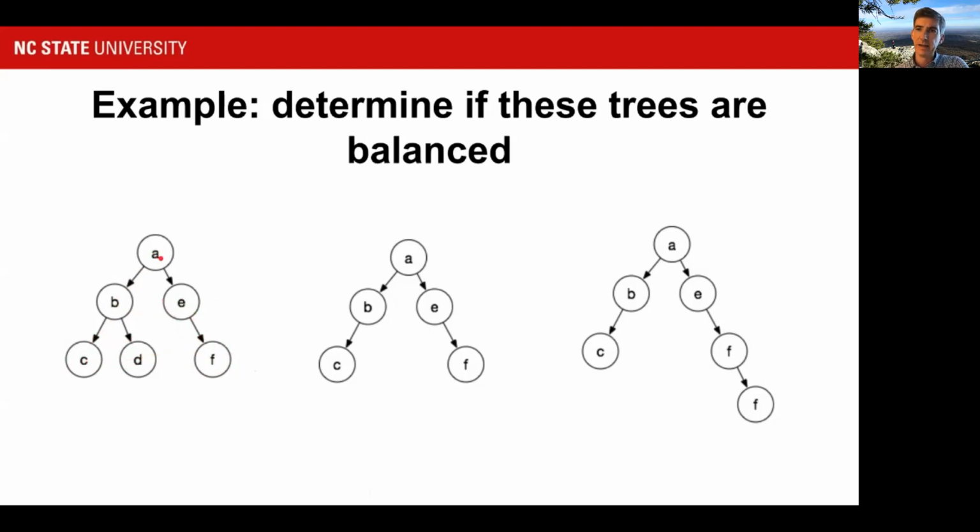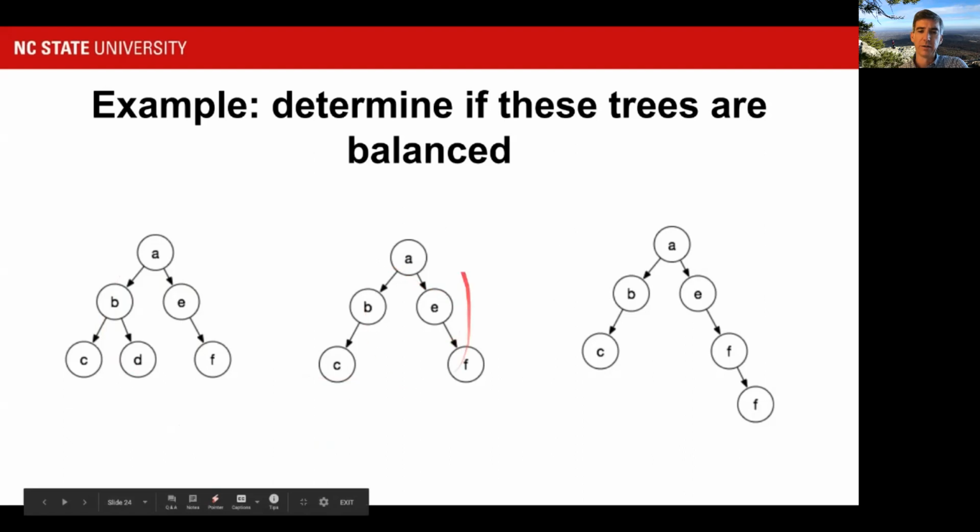And then when we get to A, we'll also calculate balance. The height of its left subtree is 1, and the height of its right subtree is 1. So 1 minus 1 is 0. So this first tree is balanced. All of its nodes have a balance factor of 0 or 1 or -1.